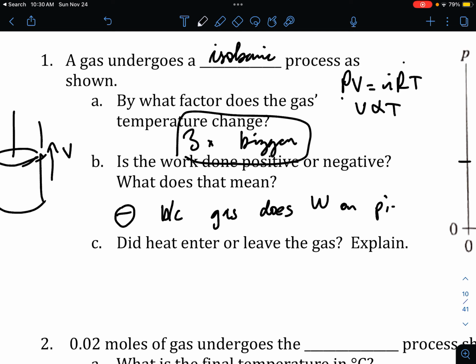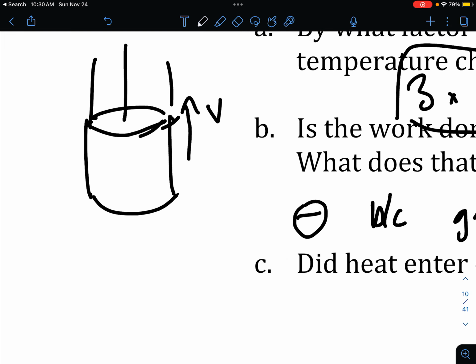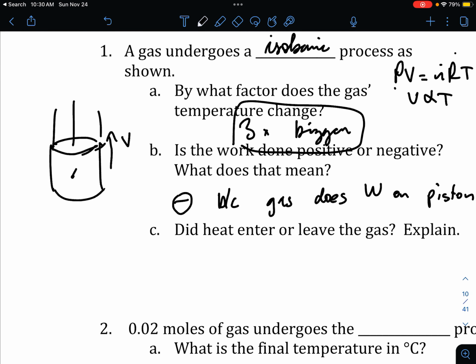And then, did heat enter or leave the gas? Explain. Let me think this through. The heat must have entered the system, right? Because the molecules are causing this thing to raise up. I guess you don't have to even get to that level.